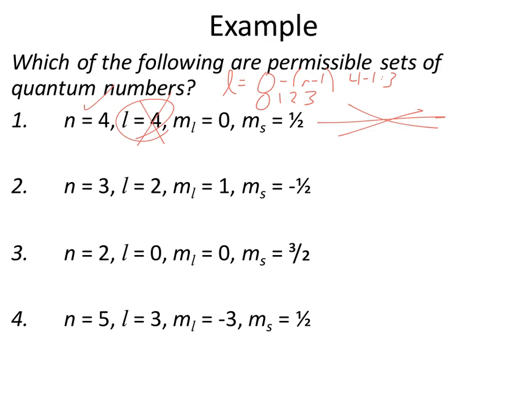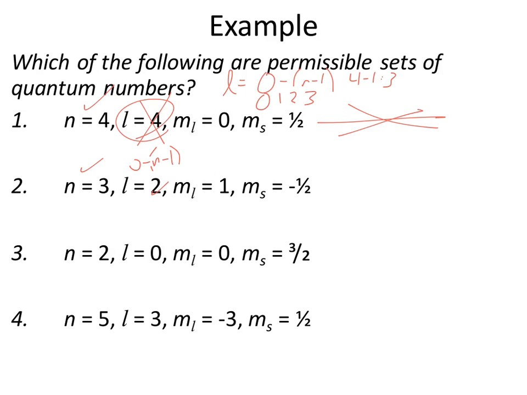If we look at number 2 here, n is equal to 3. Okay, so that's fine. We can have that. L is equal to 2. That also makes sense because, again, it could be anywhere from 0 to n minus 1. 3 minus 1 is 2, so that's fine.